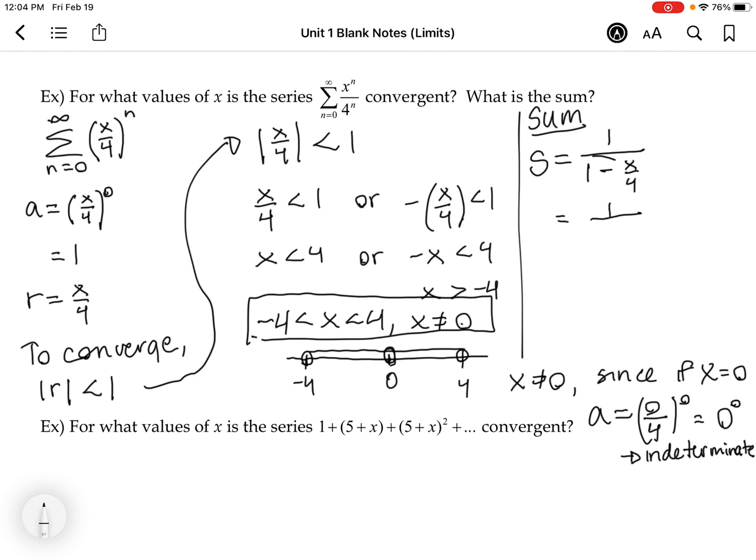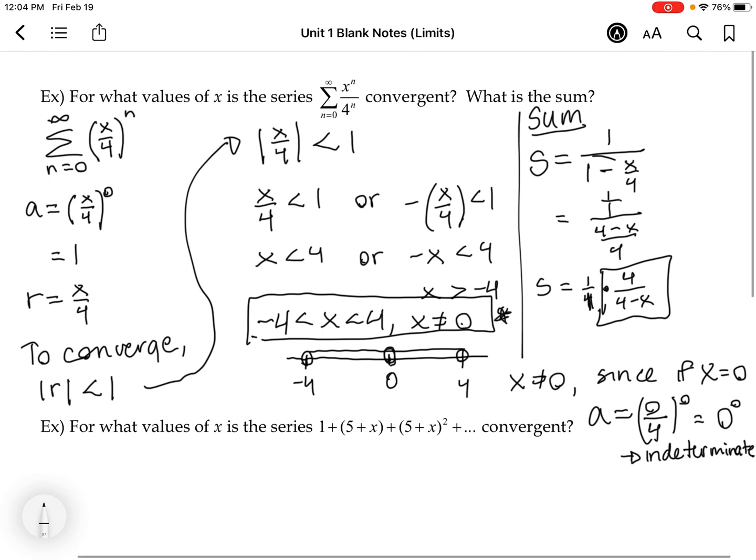So this is going to be 1 over 4 minus x over 4. And this would be 1 over 1 times the reciprocal of this, 4 over 4 minus x. So that would be the sum with this restriction.